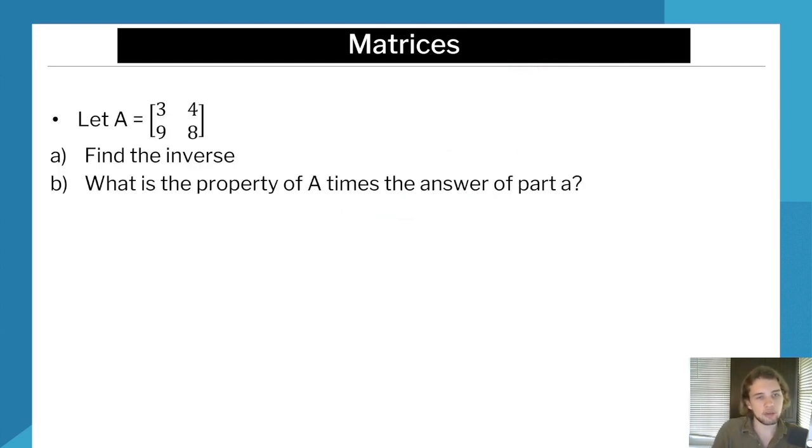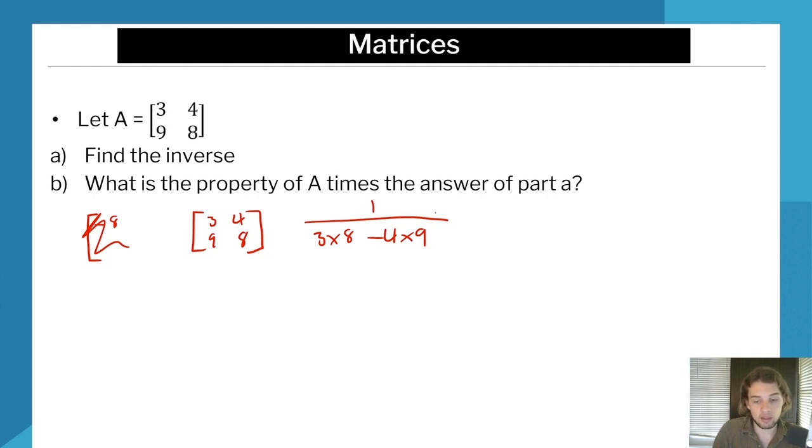Find the inverse. So first I'm going to do the determinant. So we have 3, 4, 9, 8. The determinant will be 3 times 8 minus 4 times 9, and that's all over for this formula here.